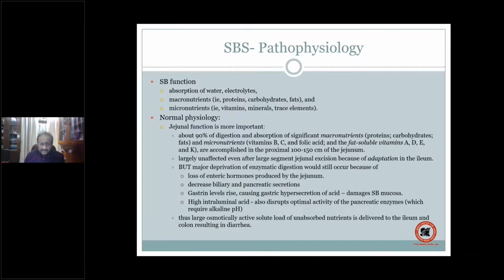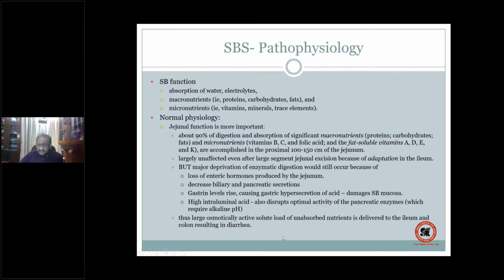The decrease in biliary and pancreatic secretions would exist. Gastrin levels will rise because in these patients there would be a gastric hypersecretion of acid. High intraluminal acid would be there. So if you're removing the first 100 to 150 centimeters of jejunum, a part of the derangement of the physiology can be taken care of by the adapted ileum, but it cannot take care of the total altered physiology, namely these four things, which would always suffer in these patients where the proximal jejunum has been removed.